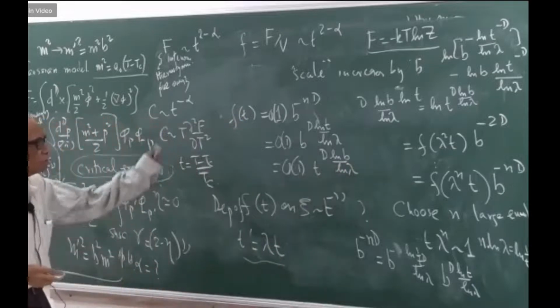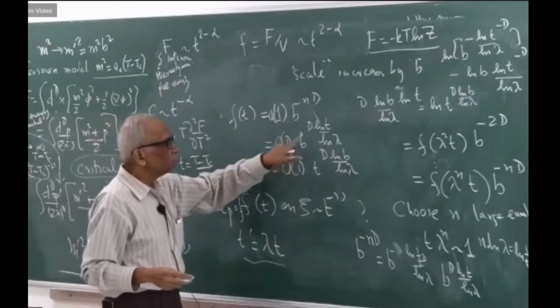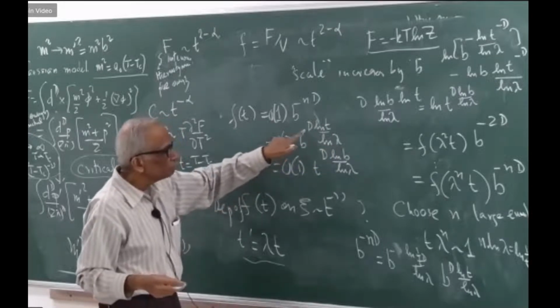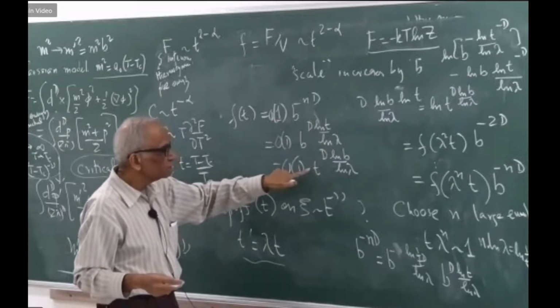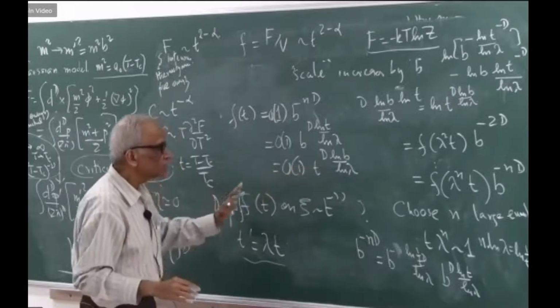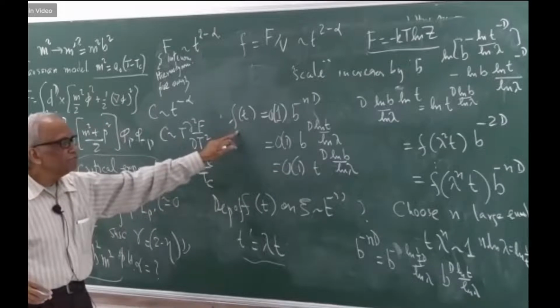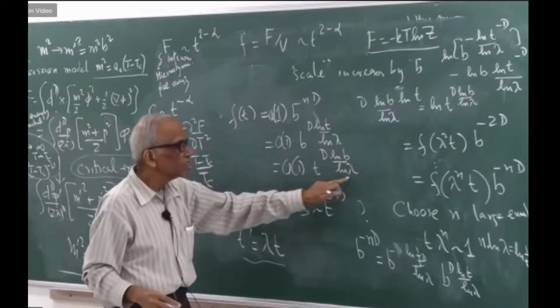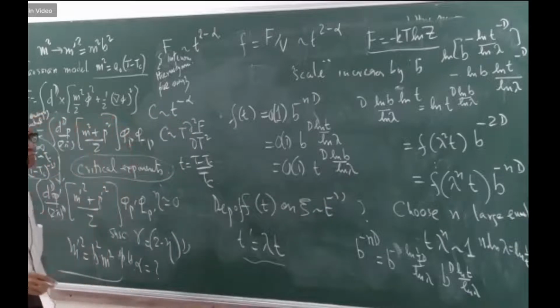Take a log of b to the power d log t by log lambda, it is log b into this, and over here take a log, it is log t into this. So order 1, f of t is t to the power d log b divided by this.